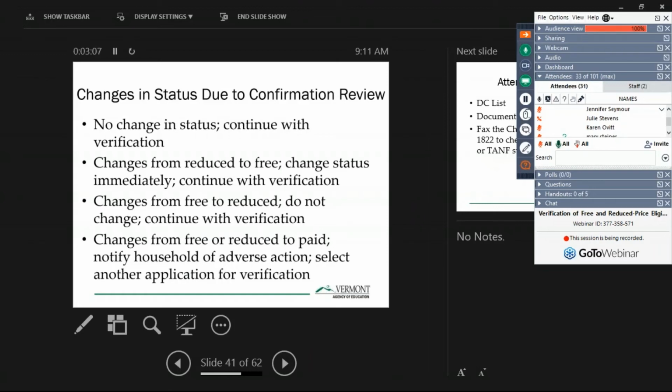If the application changes from free to reduced, you don't change their status and you continue with the verification process. If that confirmation review results in the application changing from free or reduced to paid, you notify the household of that change, and then you select another application for verification. So all of that is happening prior to actually notifying any households.